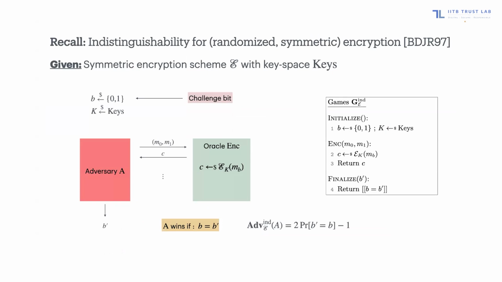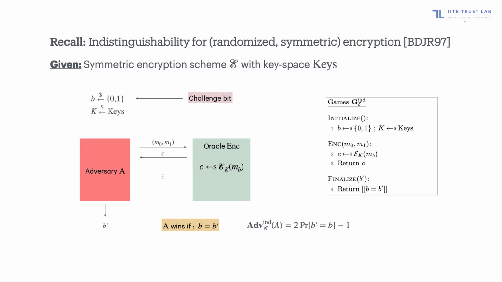So to warm up for our definition, I would like to use the indistinguishability-based game for encryption. For our symmetric encryption scheme E, the game first picks a challenge bit B and initializes the key. Any adversary playing the game has access to an encryption oracle and sends two messages to the encryption oracle.